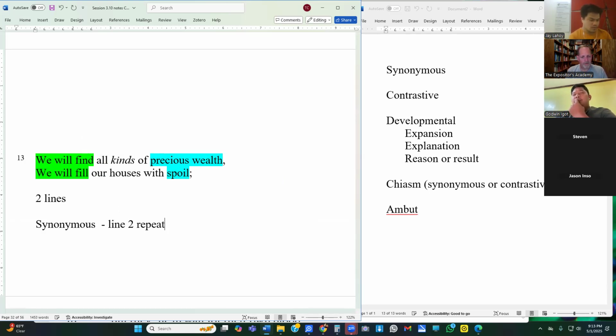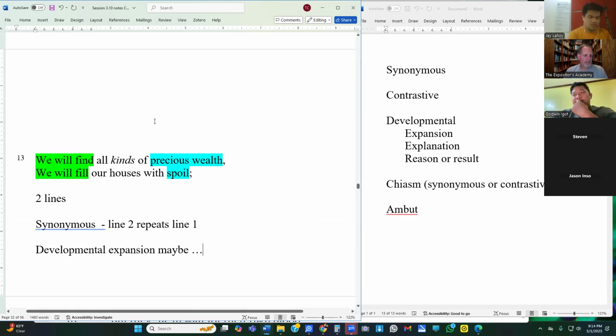Line 2 repeats. Someone said it's somehow contrastive also. Well, what would be contrasted here? I don't know. Sorry, my bad. No, it could be developmental, like expansion, maybe.